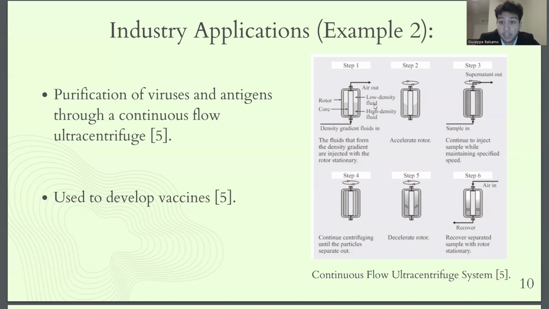As you can see in the image right here, we have an example of a continuous flow centrifuge in which basically a density gradient is formed inside the rotor. This causes the target material to separate out in the density gradient band from which it can then be removed.